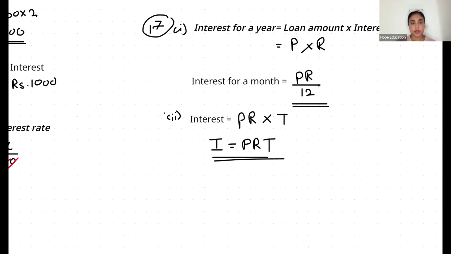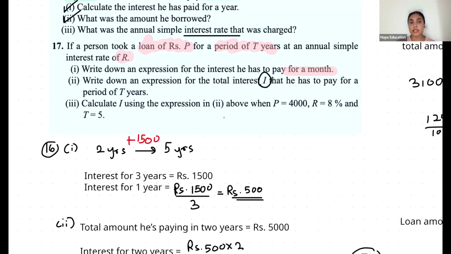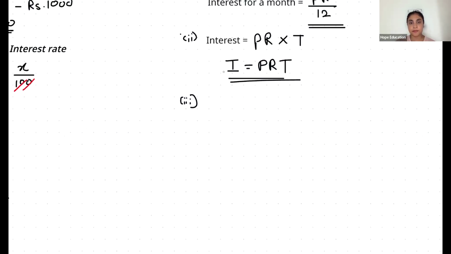Okay. Then Roman number 3. Calculate I using the expression in 2 above when P is 4,000, R is 8%, and T is 5. So then we have to substitute values. Now our formula is, this is the formula that we came up with. I equals PRT.